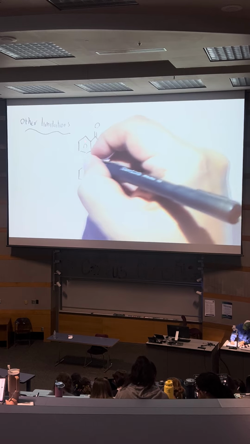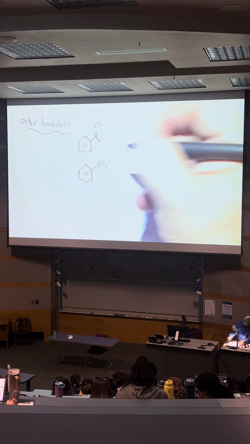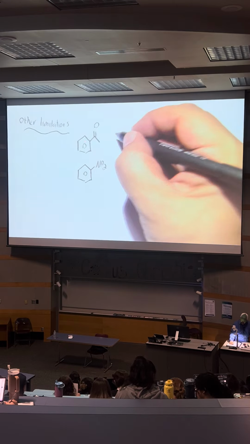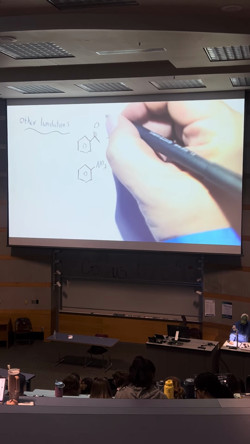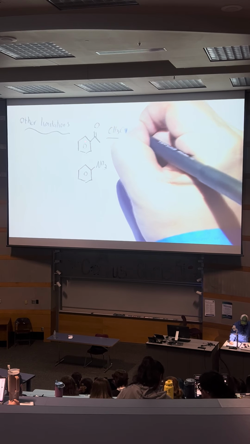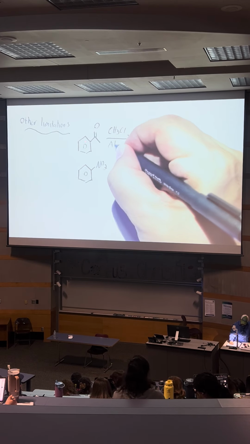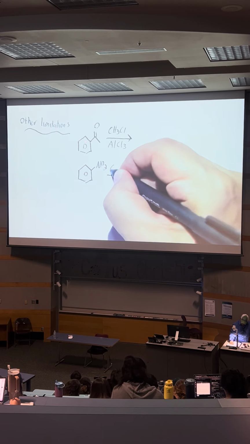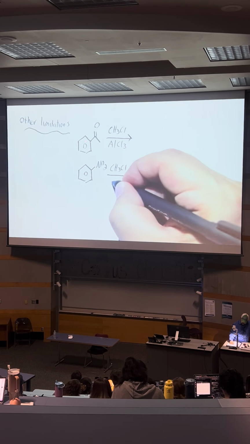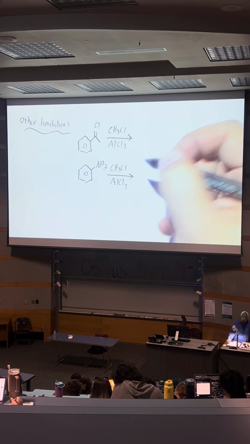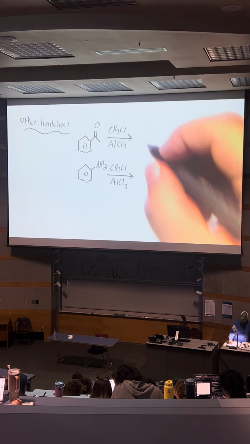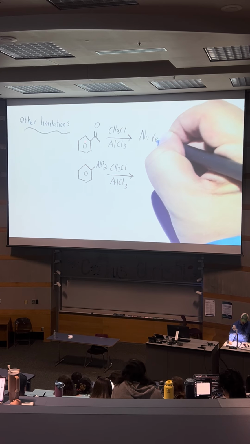Here are two starting materials. Notice one has a ketone attached to the aromatic ring, the other has a nitro group. If you wanted to trigger a Friedel-Crafts alkylation, so what I'm setting up here is, for example, if you wanted to use this reaction to put a methyl group there, then you would get no reaction.